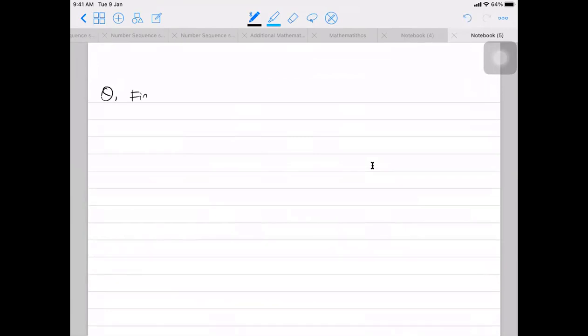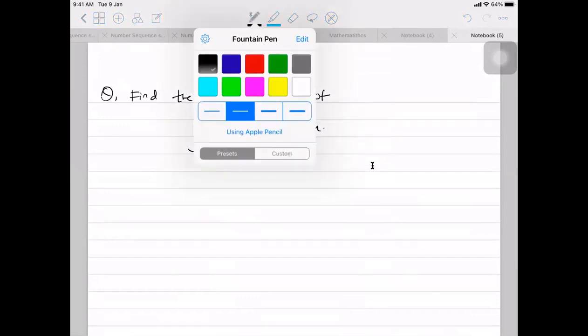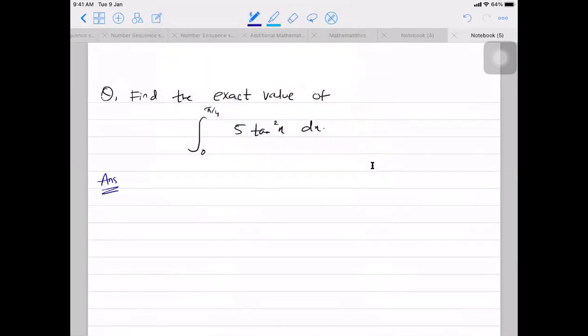Find the exact value of the integration of 5 tan square x dx from 0 to pi by 4. Come on, you can do this with me. Tell me the first step.